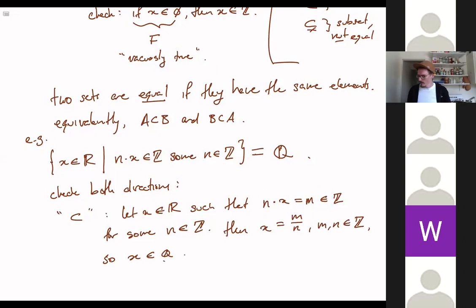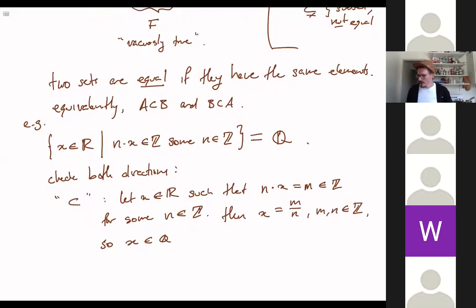Because remember that the rational numbers are exactly numbers of the form one integer divided by another integer. And just keep reminding, in case everything's too unfamiliar today, this means contained in, it means it's an element. So x is an element of this thing, the rational numbers. All right, that's one direction.